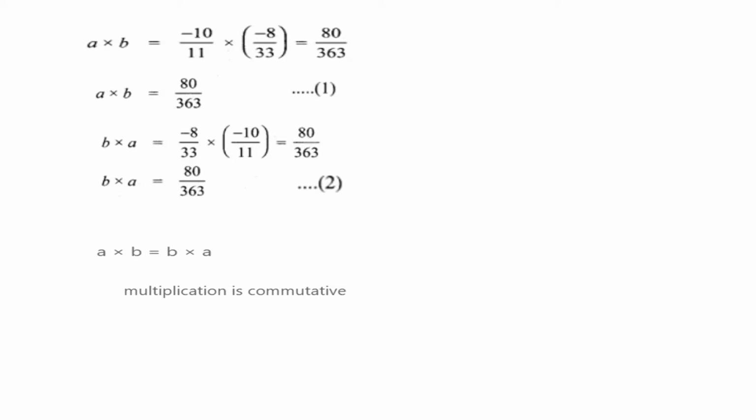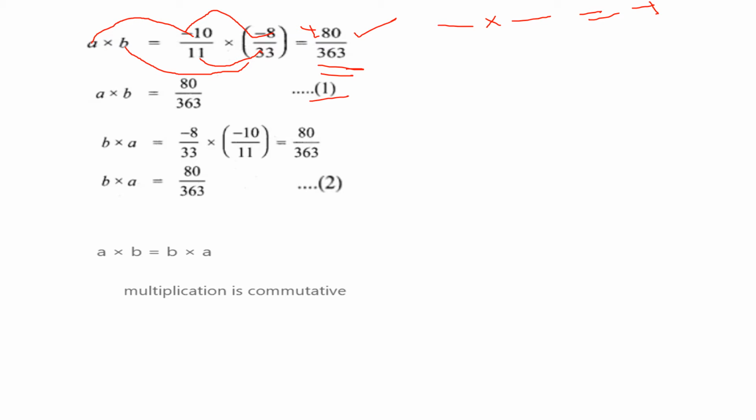Next, multiplication. We will check whether multiplication is commutative or not. So A value and B value, multiply minus 10 into minus 8, minus into minus is plus, 10 8s are 80, and 11 33s are 363. So 80 by 363, that is the first equation.